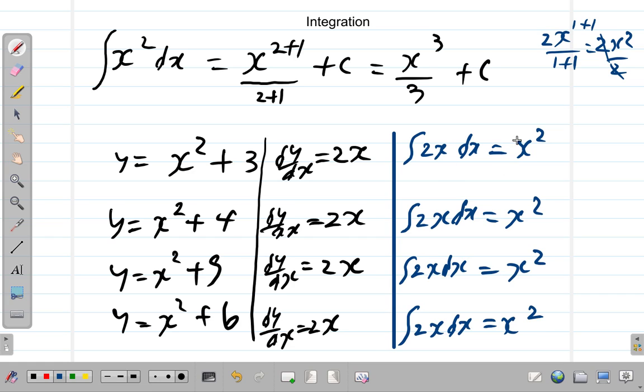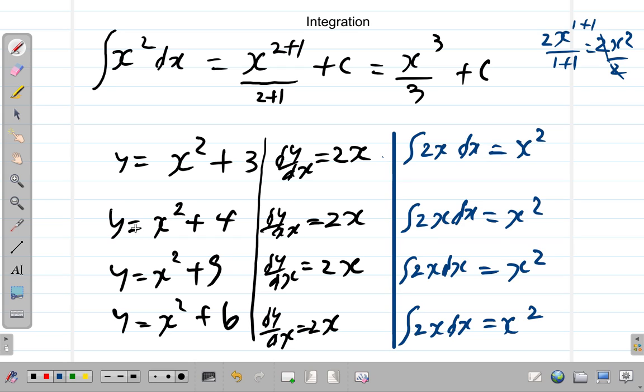But the thing now, if you differentiate x squared, you get 2x. Hold on, look at this now. What we had was y equals x squared plus 3. When you differentiate, we got 2x, then when you integrate, we didn't get back x squared plus 3.